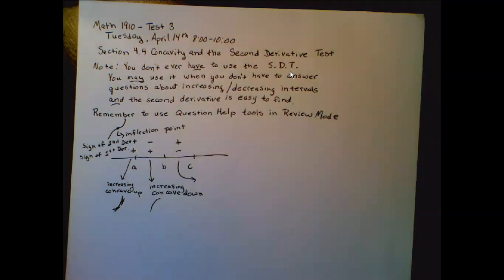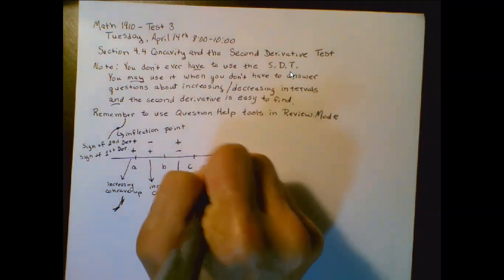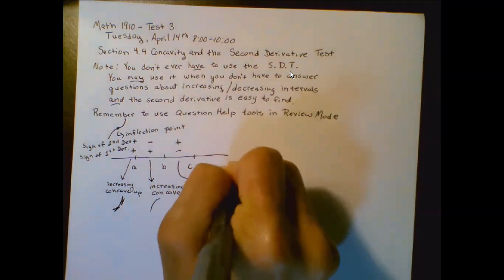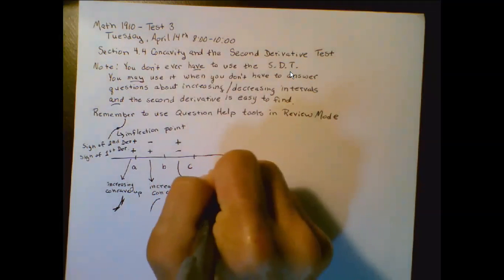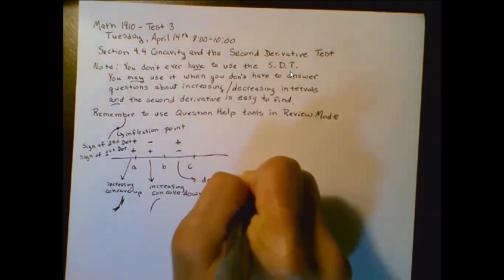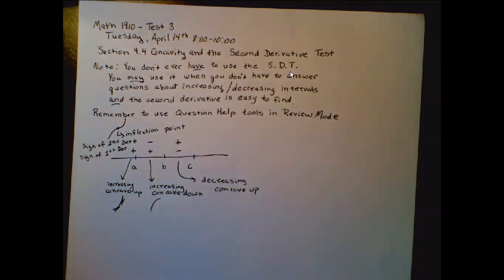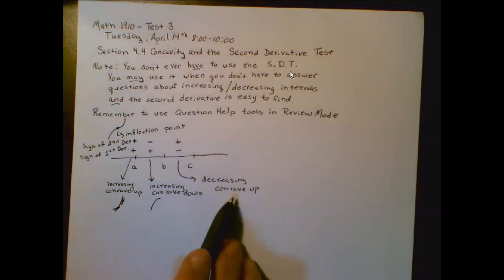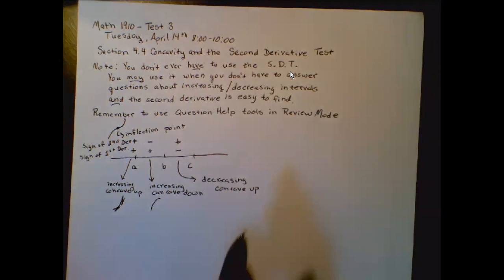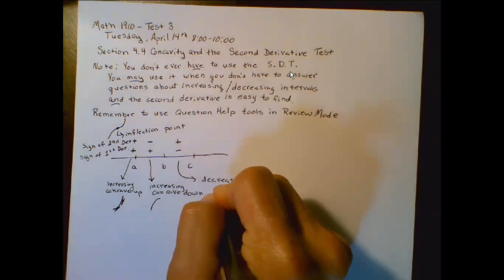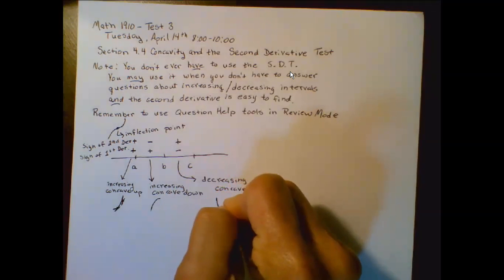Decreasing and concave up. Yep. So it's going downhill left to right, but it's concave up. You can think of the left-hand side of a concave up parabola.